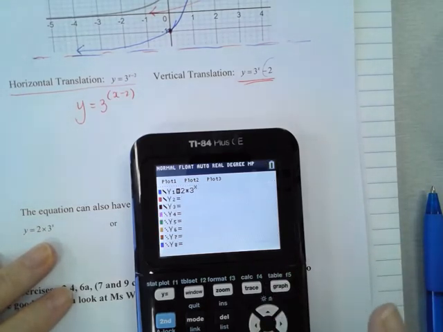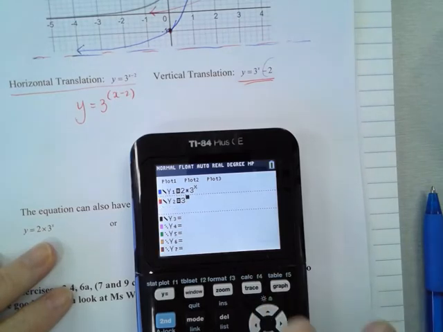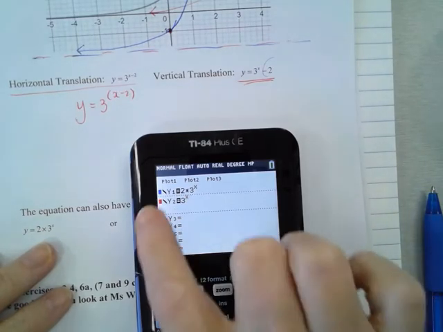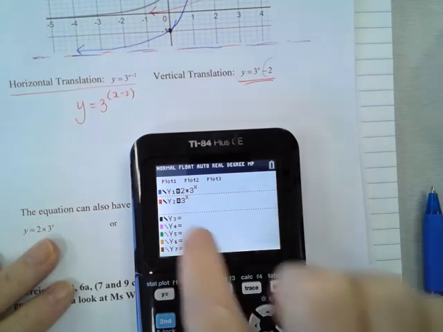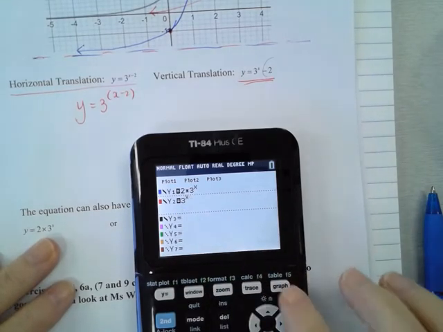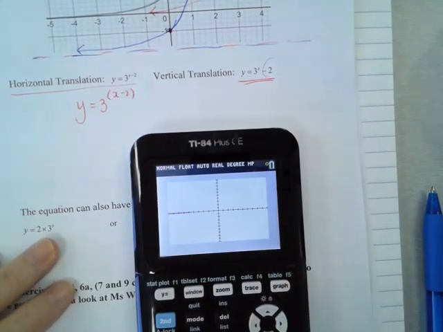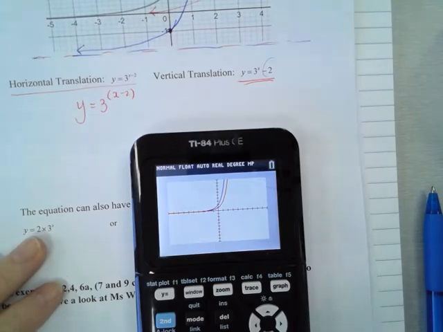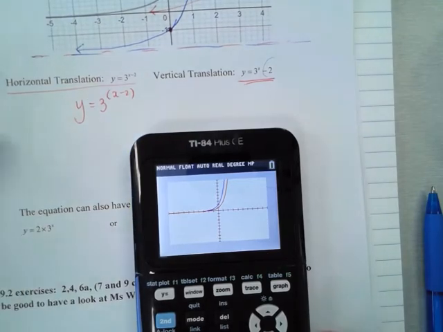And I'm going to put y equals 3 to the x on there as well, so you can see the difference in the two graphs. So the blue one's going to be the one we want to graph, and it's a dilation of 3 to the x. So let's just graph that. And there's the blue one. That's the dilation. And here comes 3 to the x. It looks almost the same there, but it's just not so steep because I'm not multiplying every value by 2. So I'm sure you could have figured that one out.